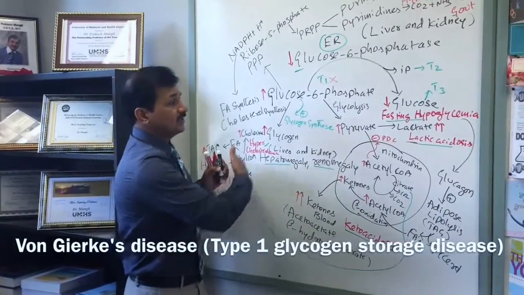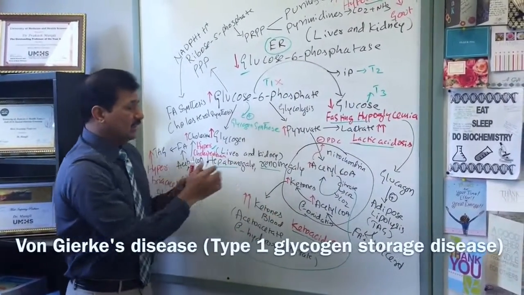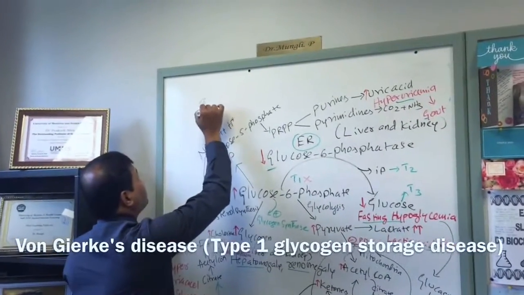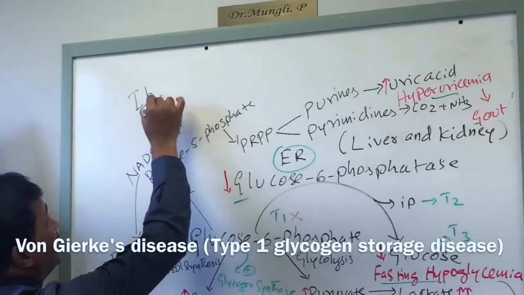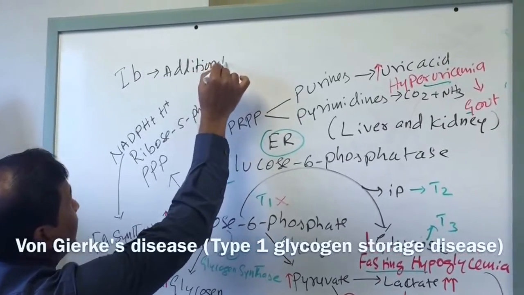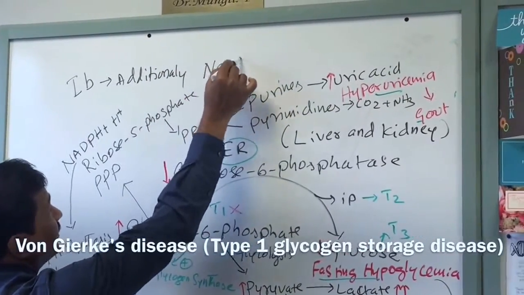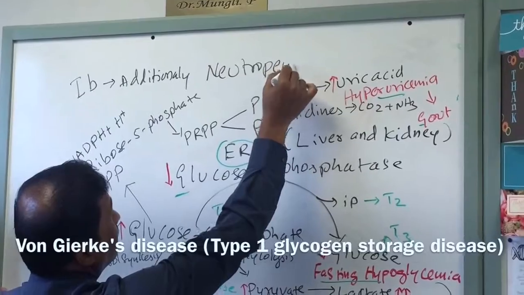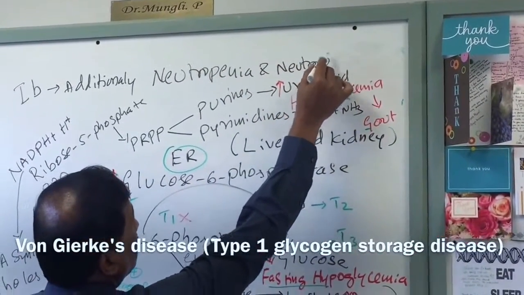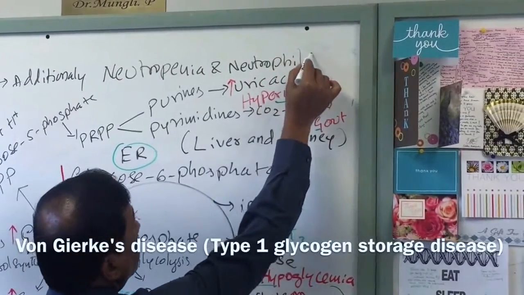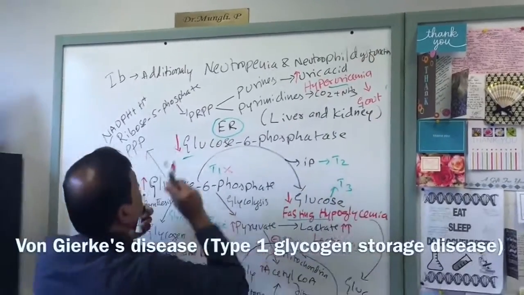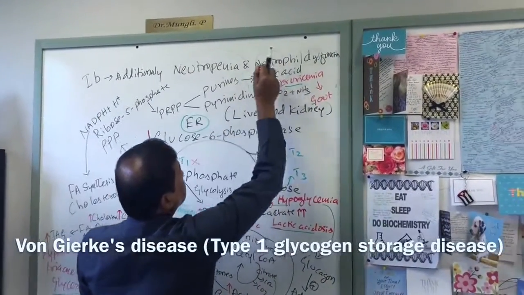So in type 1A disease, you see all these signs and symptoms, whereas in type 1B, let me write it down, you additionally see neutropenia and neutrophil dysfunction.